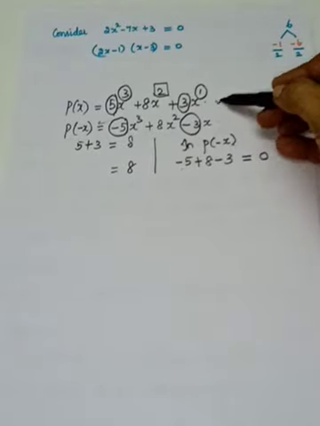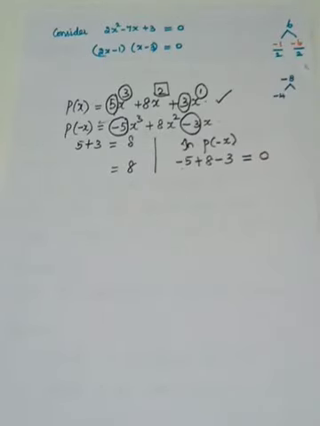First, what I have taken: if the sums of the coefficients of even power and odd power are equal, what is the meaning? In p of minus x the sum of the coefficients is equal to 0.